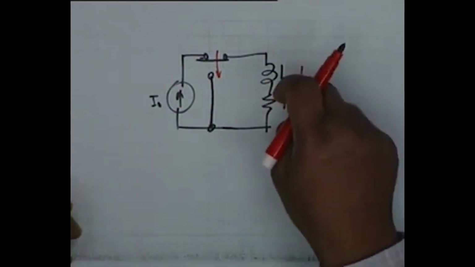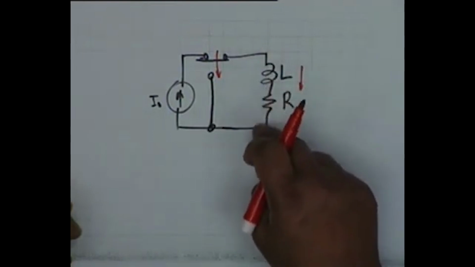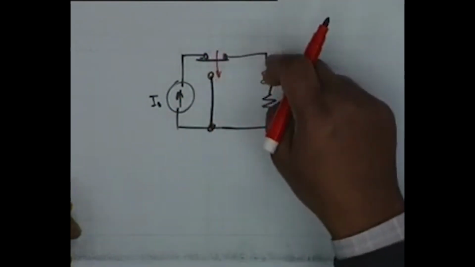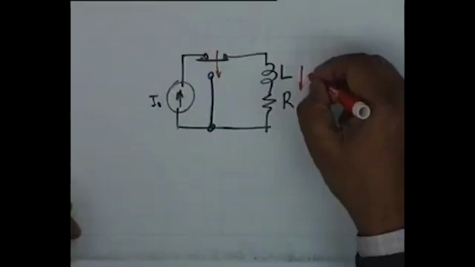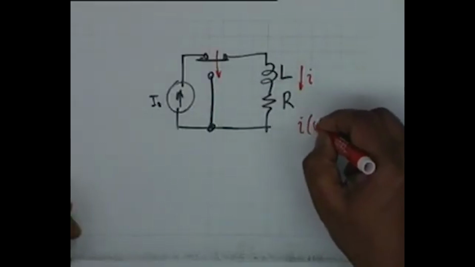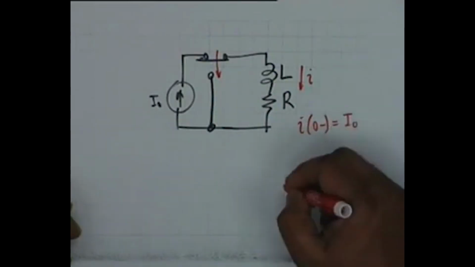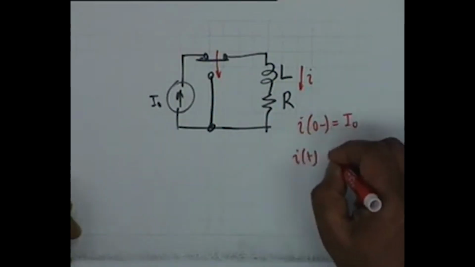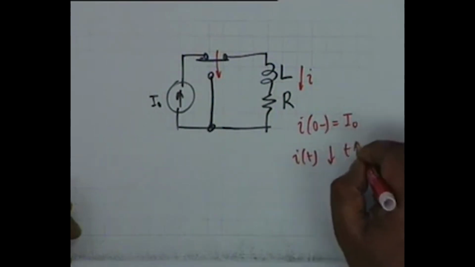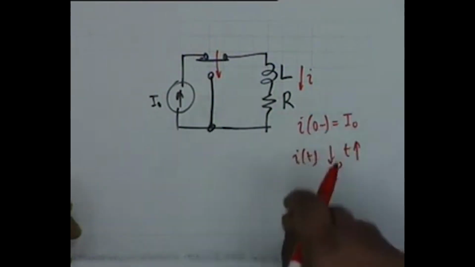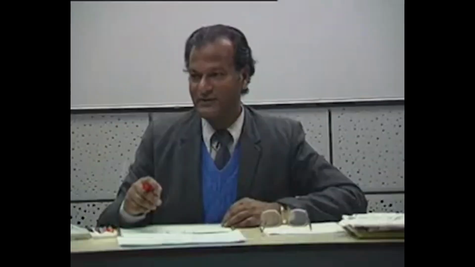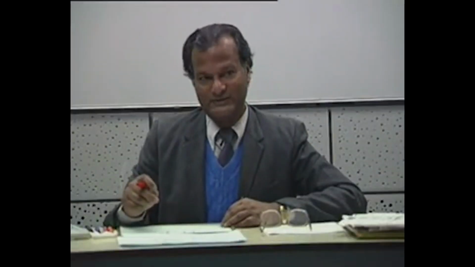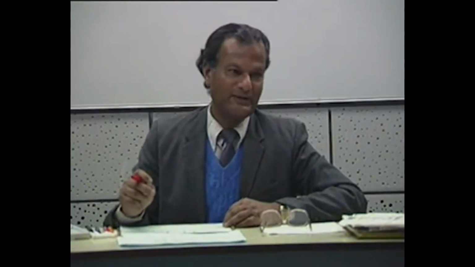This flux now finds an easy path through the resistor, and therefore the flux gradually decreases, or the current in the circuit I, which at 0 minus was equal to I0, I of t shall decrease as t increases. That is the natural response. This is what is of interest to us, and we shall explore this point further on Friday.